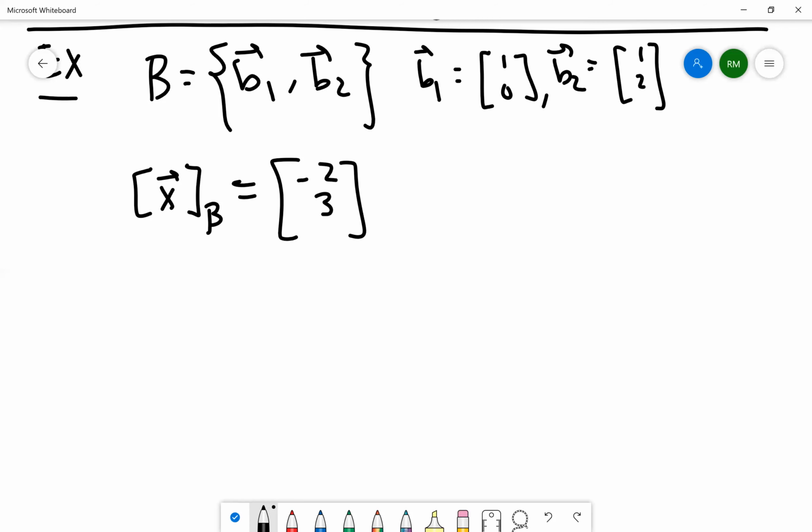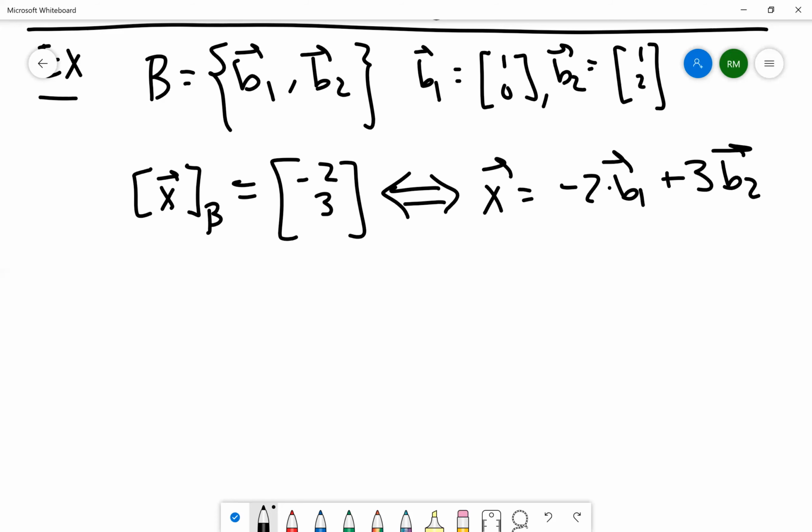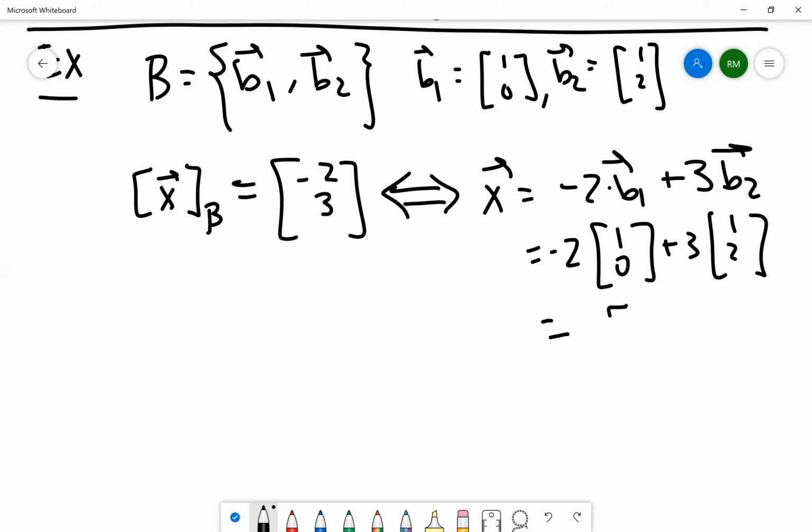What is this telling us? This is telling us that x is -2 times b1 plus 3 times b2. This is a way of expressing the vector x in terms of these two basis vectors. And so if we do this little computation, we see that what we get is 1, 6. Okay, so that's the vector x.